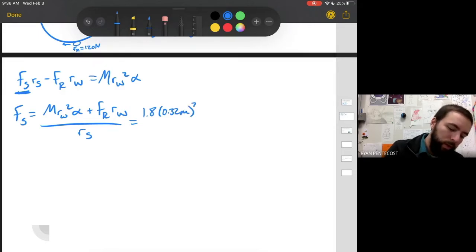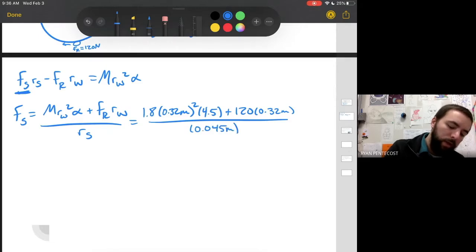That will be squared, and then we multiply that by 4.5 for that seconds inverse, double inverse. And then we've got the resistive force, 120 times, again, 0.32 meters. And then we divide by 0.045, right? 4.5 centimeters or 0.045 meters.